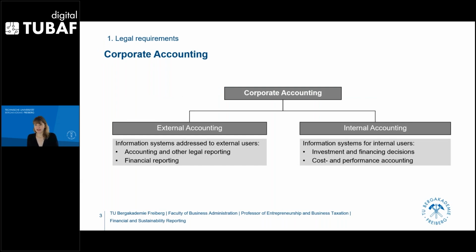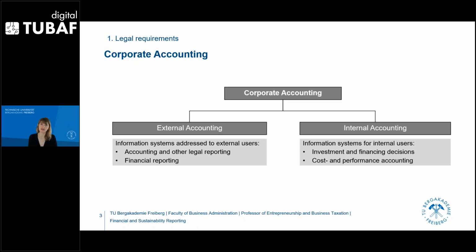So financial reporting is part of accounting. So we have accounting as a function in companies, where we differentiate between financial reporting or external accounting and controlling or internal accounting. Financial reporting is information which is disclosed to the public on the one hand.